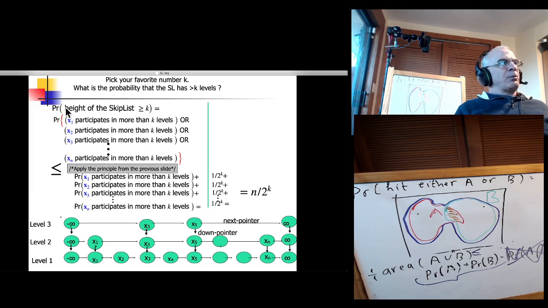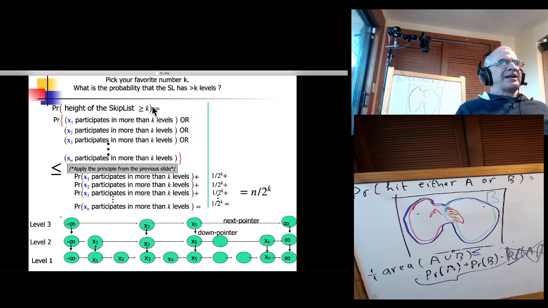So if I'm asking what is the probability that I'll see this skip list, I'm going to generate the skip list on the same set of keys, but I'm going to repeat it a billion times on the same set of keys. And I'm asking, is it likely that I'll see a skip list with more than k levels? Very unlikely, mildly unlikely.